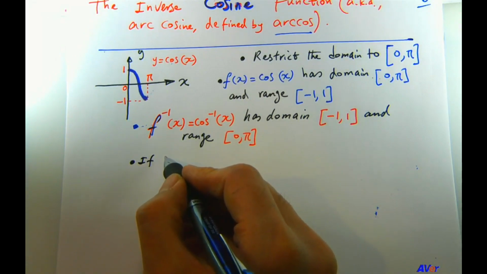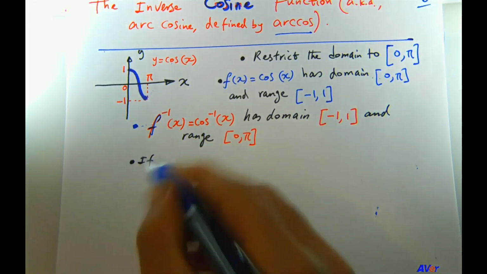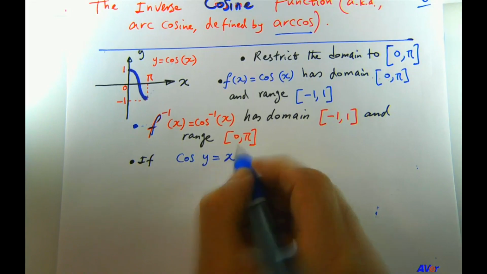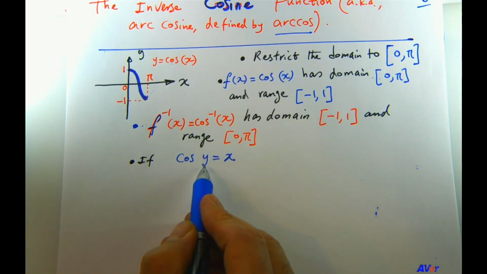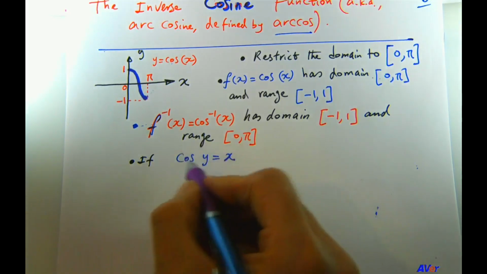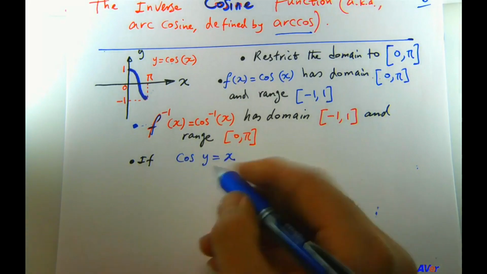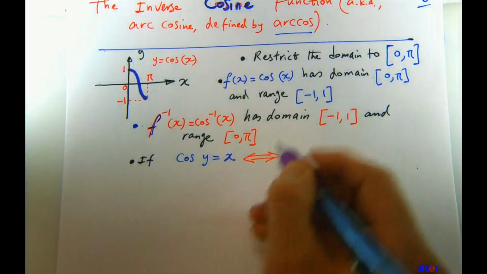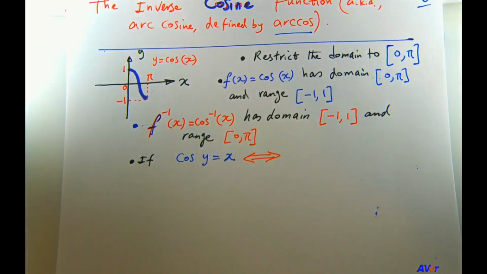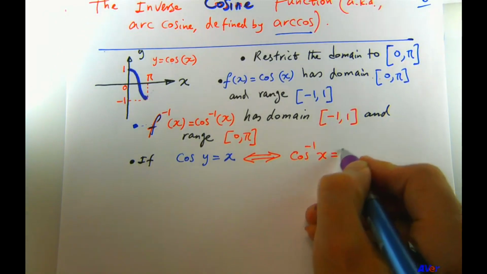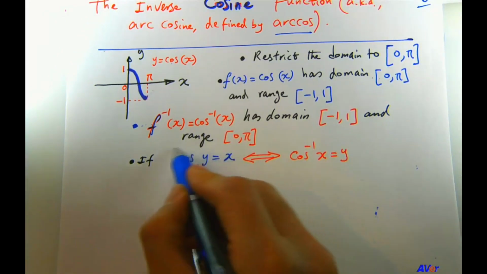So if we have cosine of y equals x, remember this y is now an angle. Okay, as a matter of fact, let me write that. So I'll write it underneath it this time because there's not much room there. If that's the case, then the inverse cosine of x equals y. Very, very important.